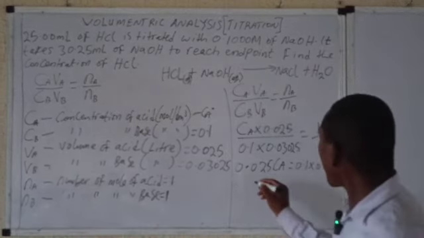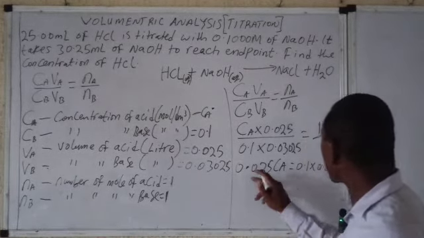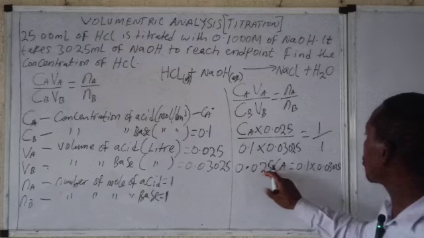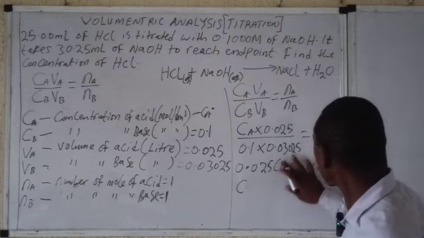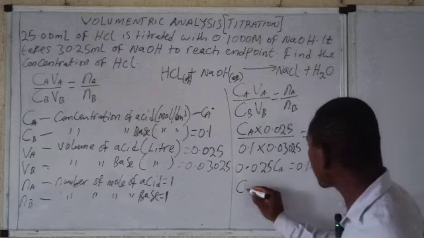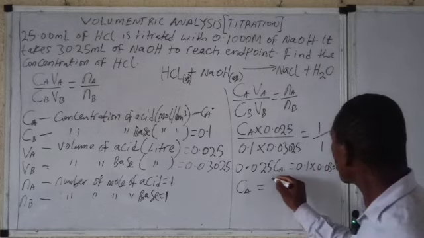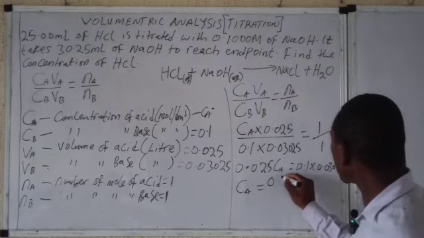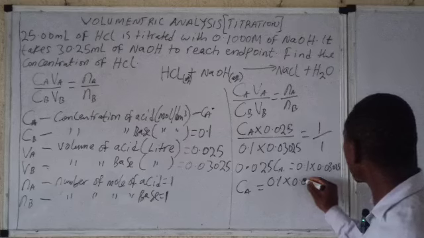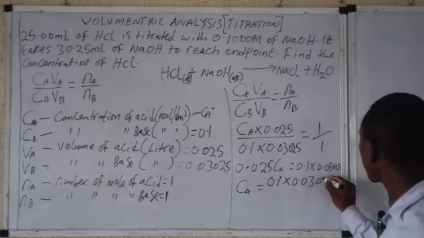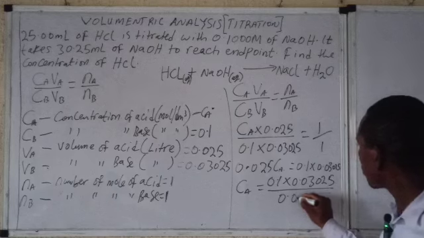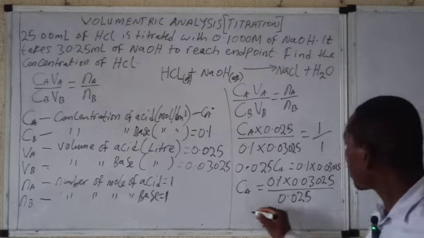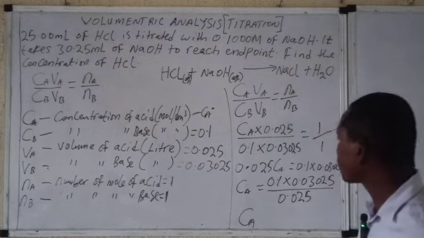Now, before you use your calculator, just put Ca. You can now divide this side by 0.025. So Ca is equal to 0.1 times 0.03025 all over 0.025. Now, what is the value of your Ca?